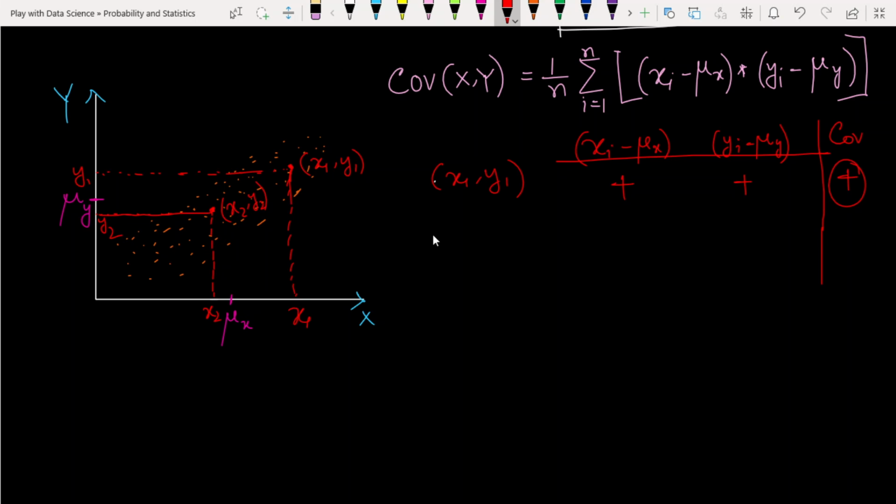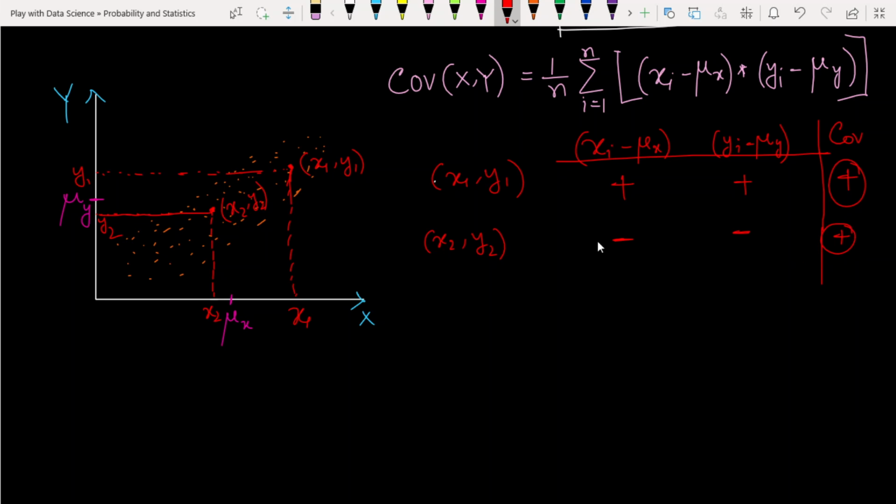For this x2 and y2 point, what will be the subtractions? x2 minus mu x will be negative, and y2 minus mu y will also be negative. If we multiply these two and take the average, negative into negative is positive, and the average of positive values will be positive.